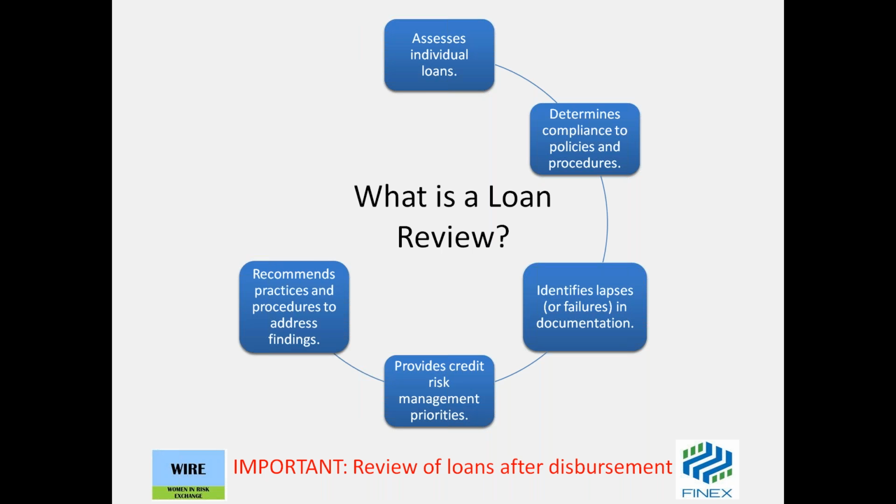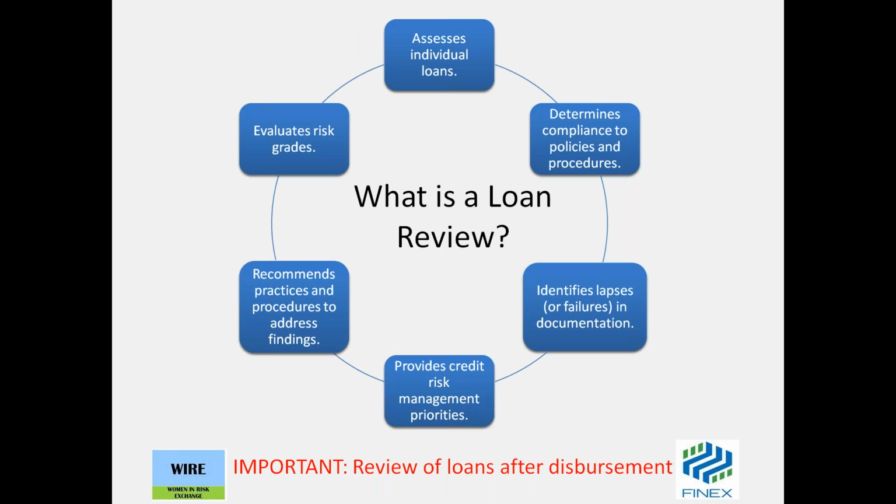Fifth, in your loan review you can also recommend practices or procedures to address the findings. I'll talk later about some recommendations that have come out of loan review. And then finally, for some financial institutions, like we did in the US, for larger loans, SME loans, you will risk rate them based on a number of parameters.